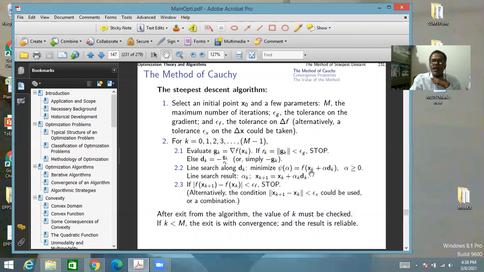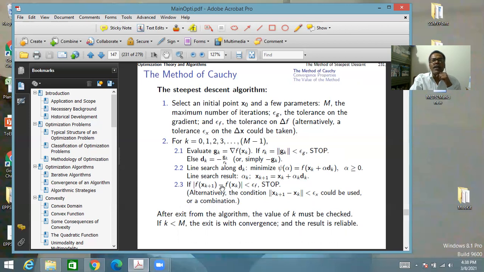That basically means minimize this with respect to positive alpha. And you get the line search result, alpha k, where this gets minimized. And then move up to that in this direction. So basically it will turn out to be xk minus alpha k gk, right? Because dk is simply minus gk or its normalized version.